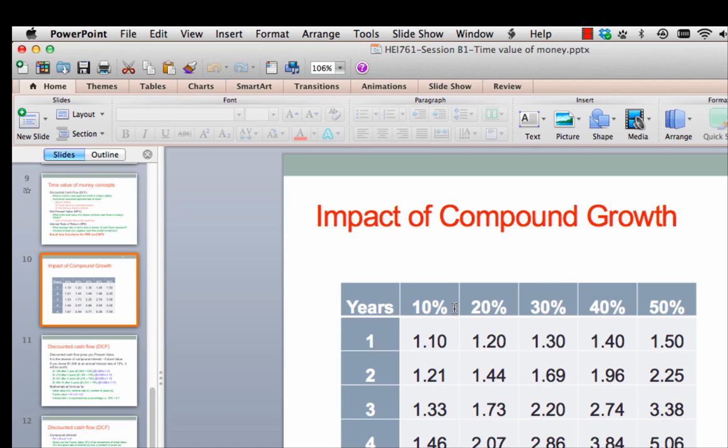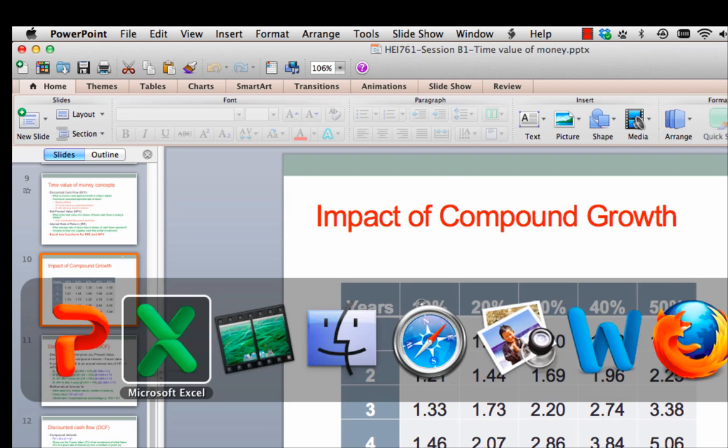So to know what $1 is worth at 10% rate of compound growth in 5 years' time, you multiply it by 1.1 to the power of 5. To find out what something is worth now, given a certain amount in 5 years' time at a rate of interest of 10%, you divide by 1.1 to the power of 5. So let's put those discount factors into the spreadsheet.